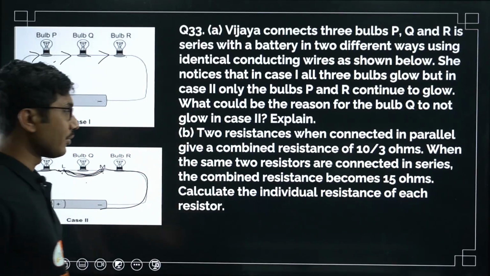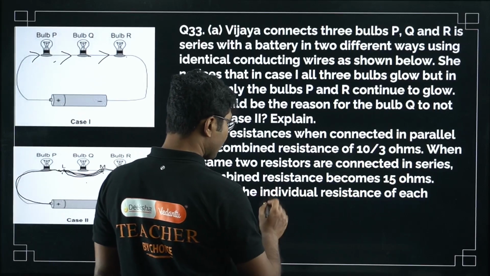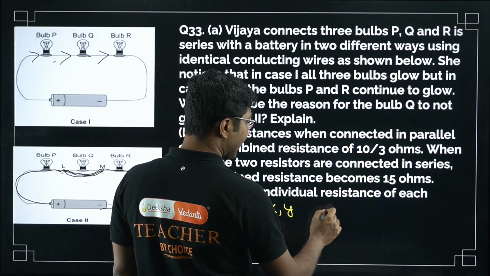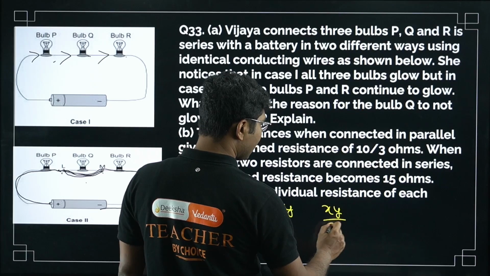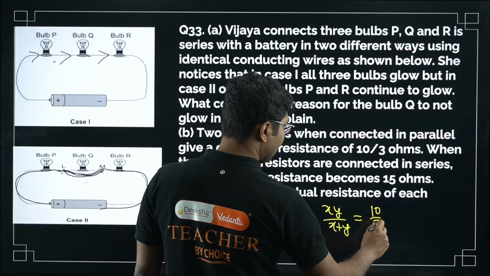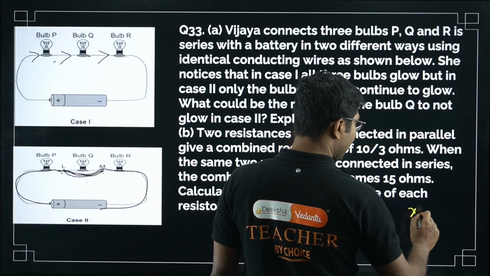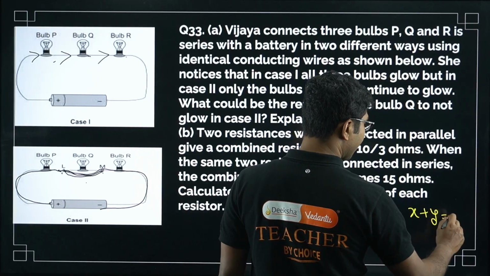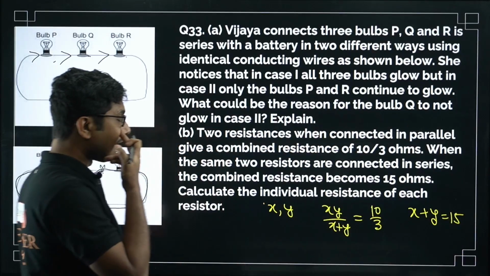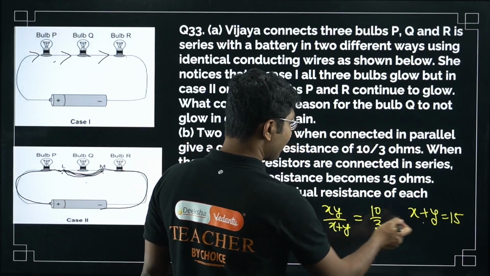In that case, suppose one is x, another one is y, then xy by x plus y is equal to 10/3, and x plus y equals 15. So you have to solve these two equations. First you put this x plus y here.